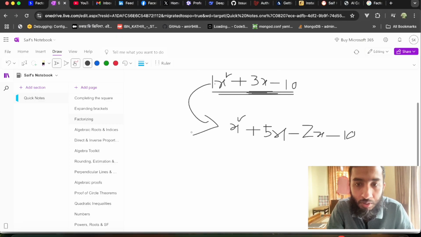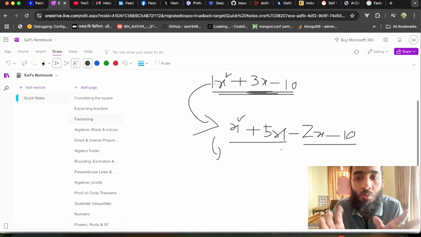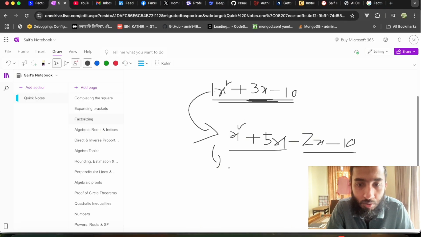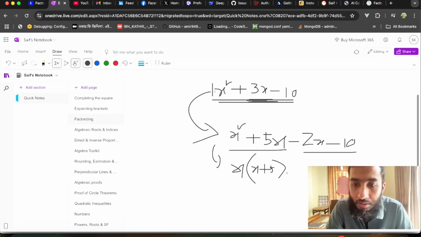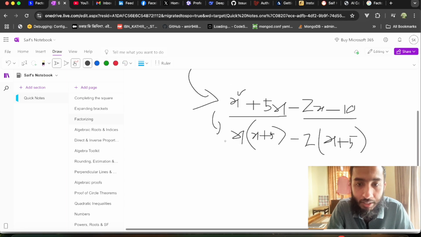Now I can use these as two separate terms. If I take x common here, I get x multiplied by x plus 5, minus 2 multiplied by x plus 5, because if I multiply minus 2 with x plus 5, I get minus 2x minus 10, and the first part, x squared plus 5x, is x multiplied by x plus 5.